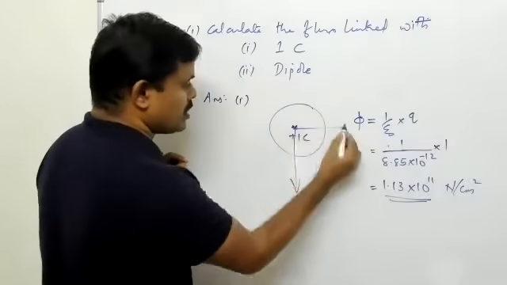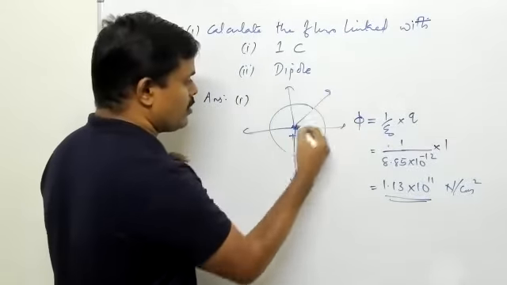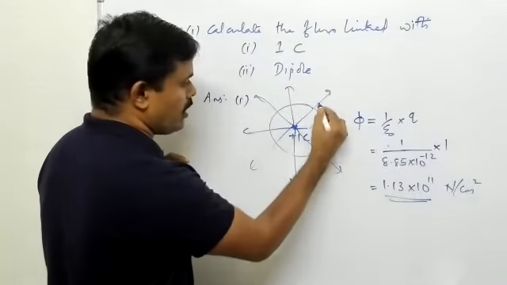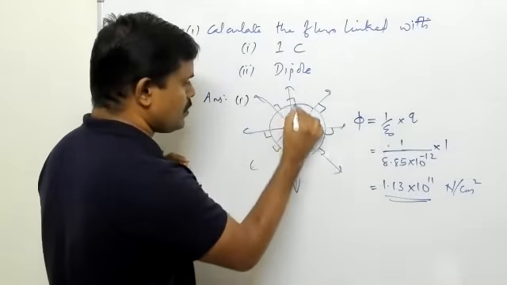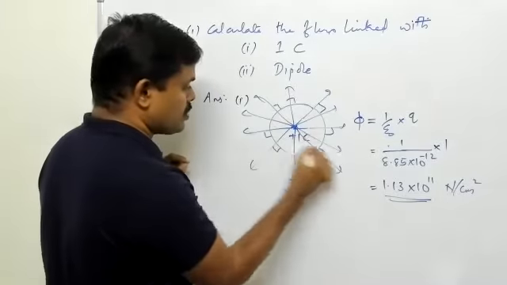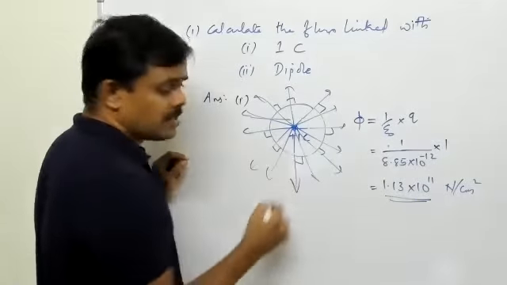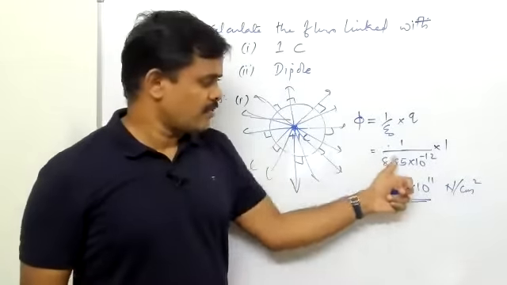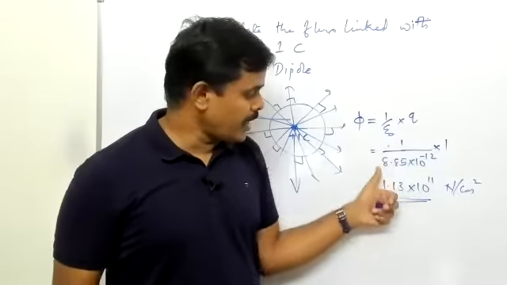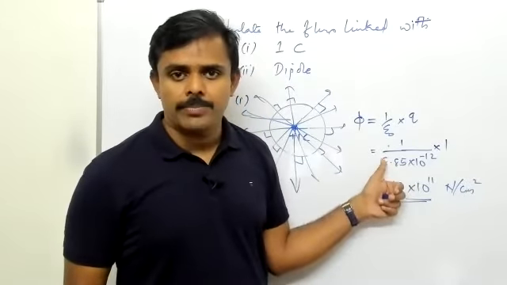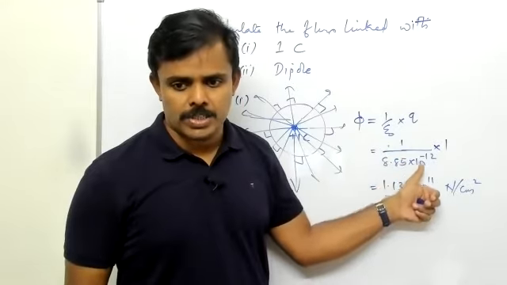Look at this 1 coulomb charge. Lines are coming out. No, but all lines are perpendicular. So all are contributing to flux. So if they ask you to find the number of lines, just find out flux. Flux is 1 by epsilon 0 into Q. That is, 1 by epsilon 0 value is how much? 8.85 into 10 power minus 12.